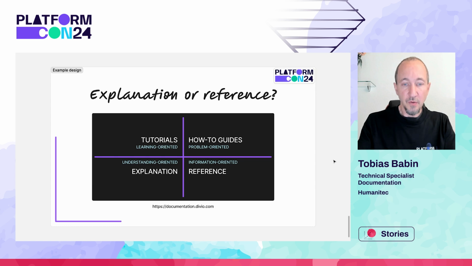The one we like to use is the one by Divio, and it subdivides all types of documentation into 4 quadrants, which is tutorials, how-to guides, explanation, and reference type content. And it's a good idea to make a conscious decision on what type of content you are providing whenever you write documentation. So what we did was make a decision on what it is that the examples are covering.